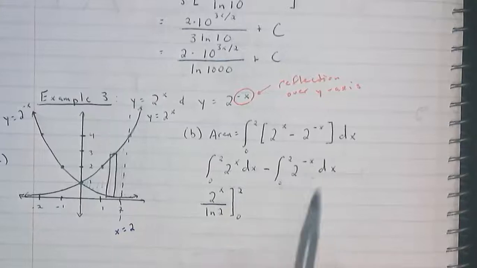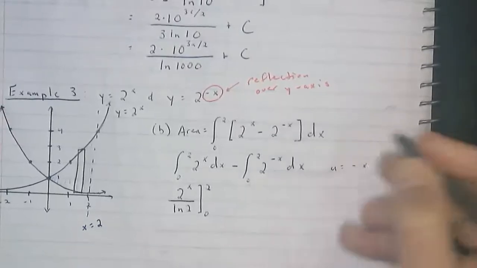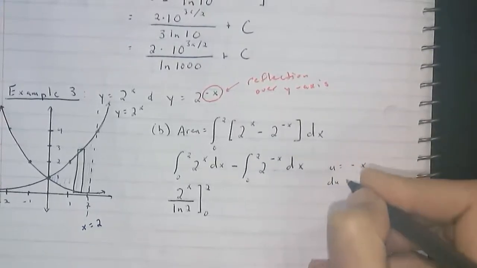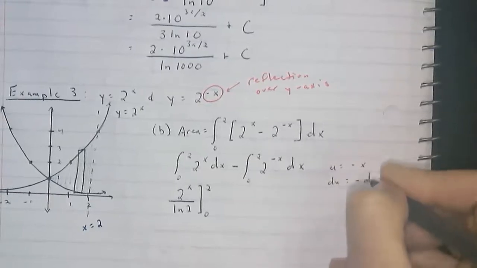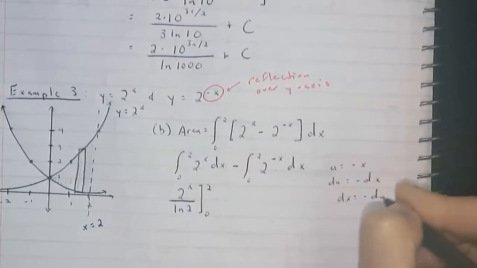Over here, we got to kind of deal with that negative. So we're going to do a quick u sub, letting u equal negative x, meaning that du is equal to negative dx, or that dx is equal to negative du.